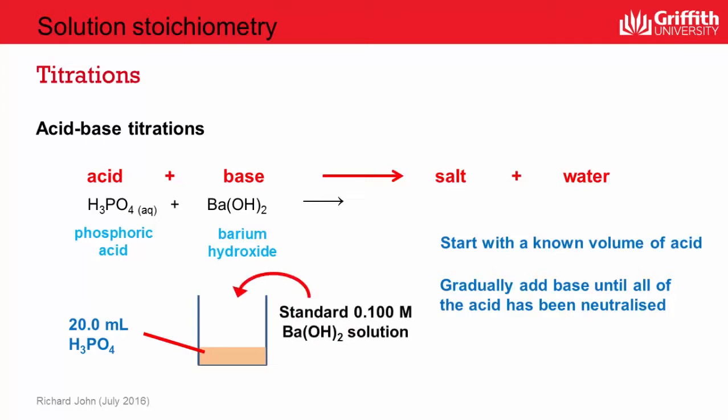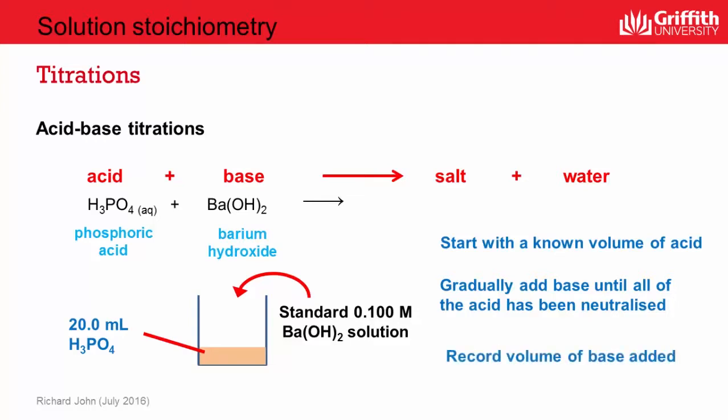What we would then do is add barium hydroxide solution to the phosphoric acid solution until the acid has been neutralized. Now it's important to note here that the solution that we add is a standard solution. We know the concentration of it accurately. And let's again say, for argument's sake, that the concentration of the barium hydroxide solution is 0.100 molar. So we know it fairly accurately.